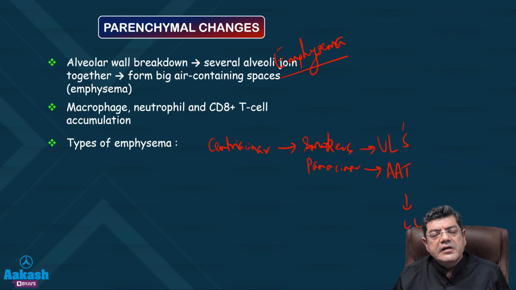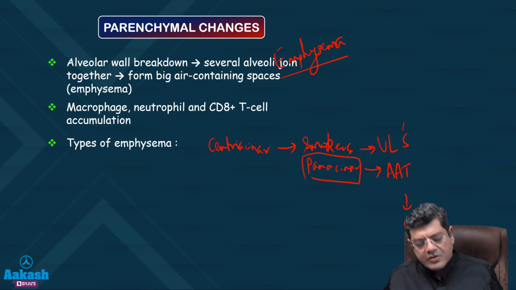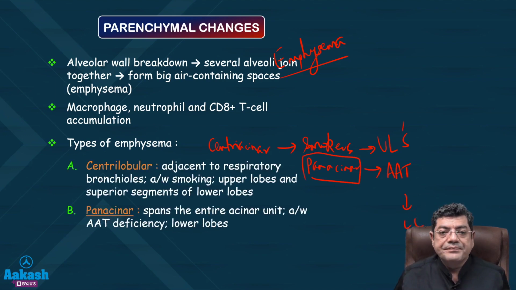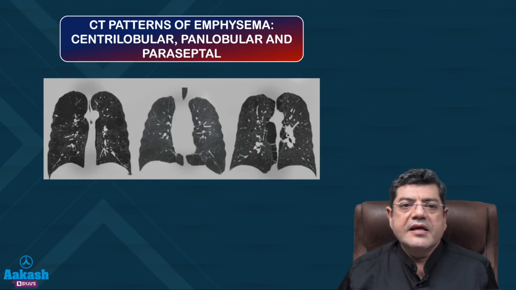It's predominantly lower lobe in distribution. There is a third variety which is seen in some patients with panacinar emphysema. It's called paraseptal emphysema. Okay, so centrilobular, smokers, upper lobes. Panacinar, alpha-1 antitrypsin deficiency, lower lobes. Paraseptal is seen in some patients with panacinar emphysema.